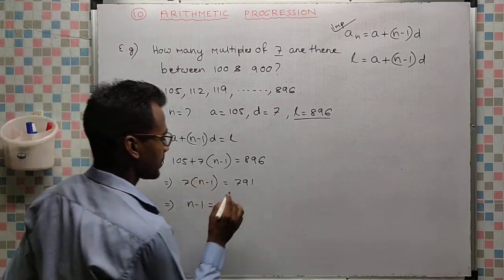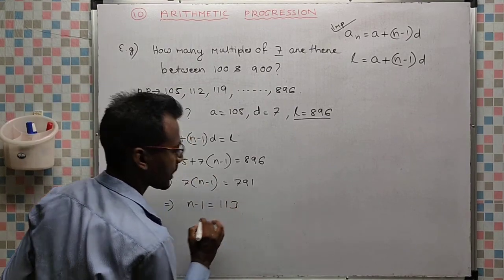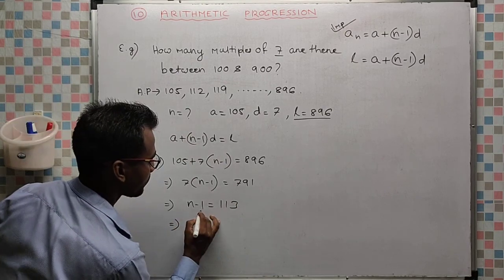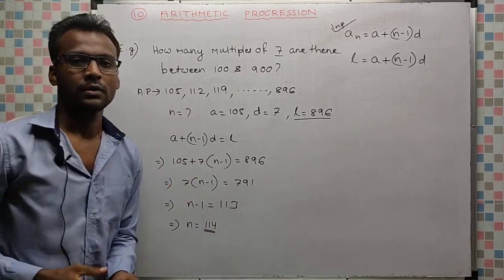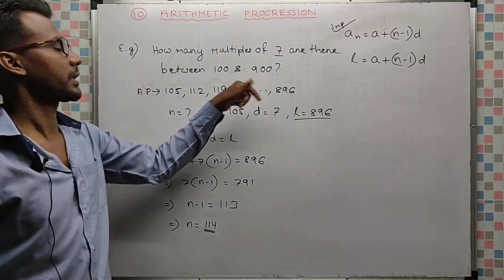So divide by 7. 791 by 7 is 113. n is equal to 113 plus 1, which is 114. So there are 114 multiples of 7 between 100 and 900.